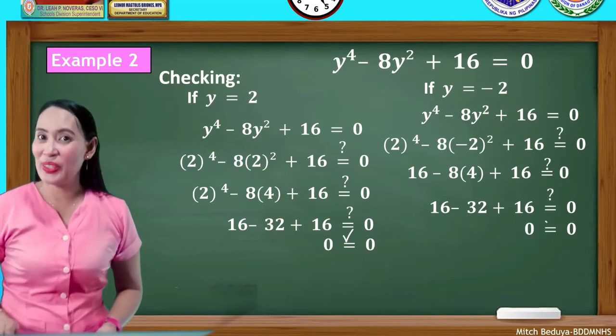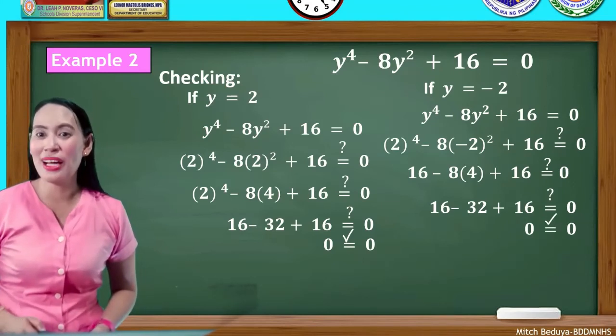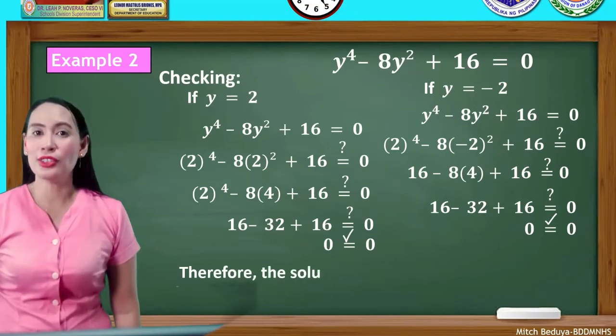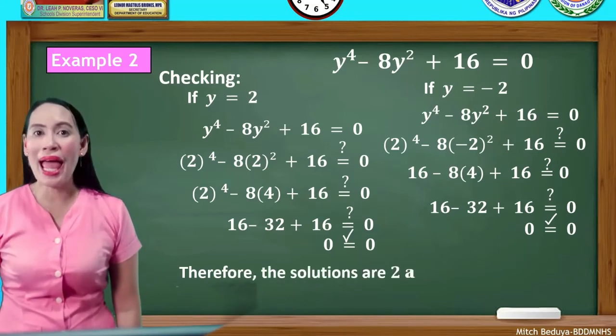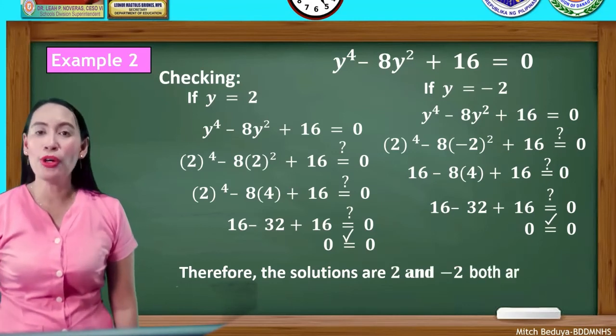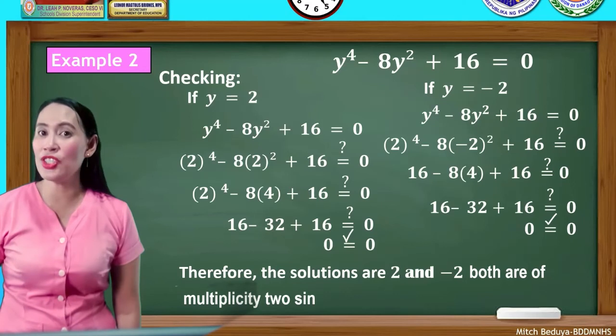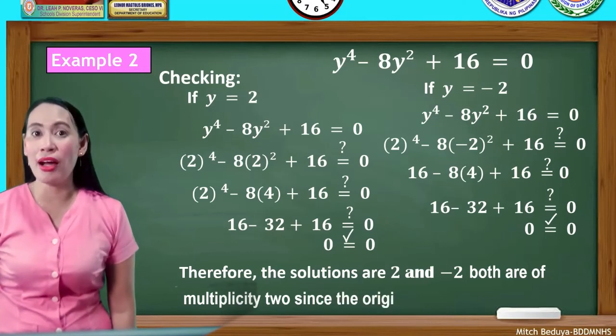Yes, 0 is equal to 0. Therefore, the solutions are 2 and negative 2. Both are of multiplicity 2 since the original equation is of degree 4.